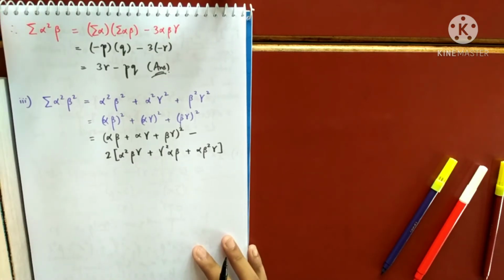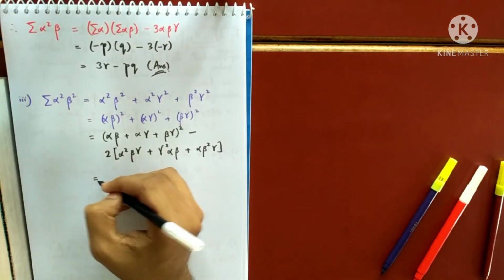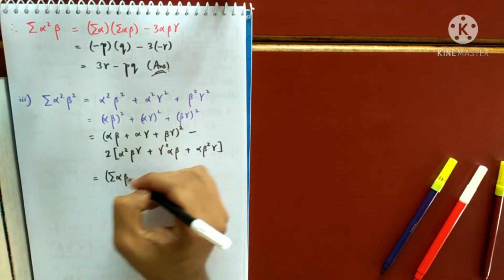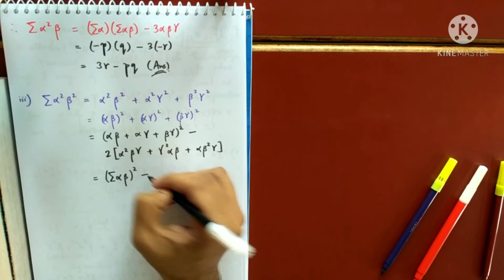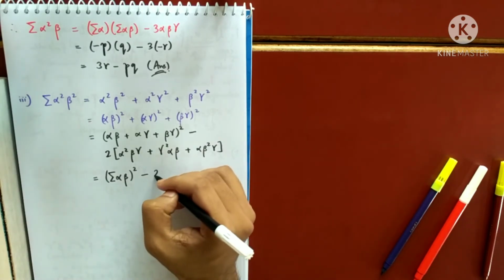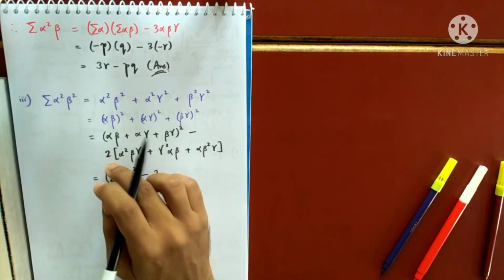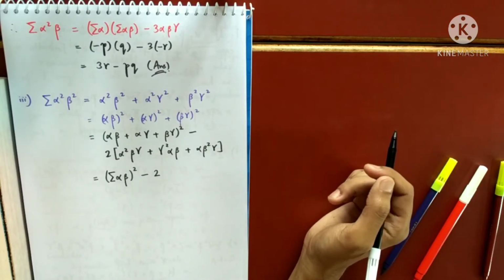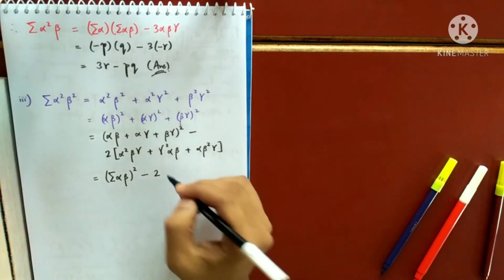Okay. Now this is nothing but summation alpha beta whole square minus 2. Something is common from these 3. Can you tell me what is common from these 3? Alpha beta gamma. Very good.